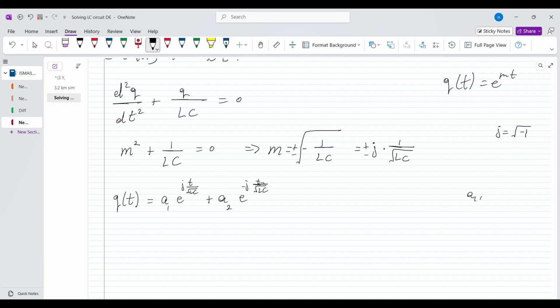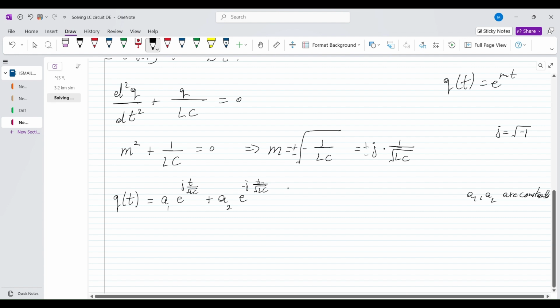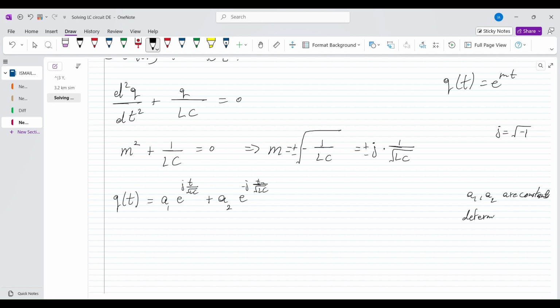Here a1 and a2 are constants and they are determined by initial conditions.